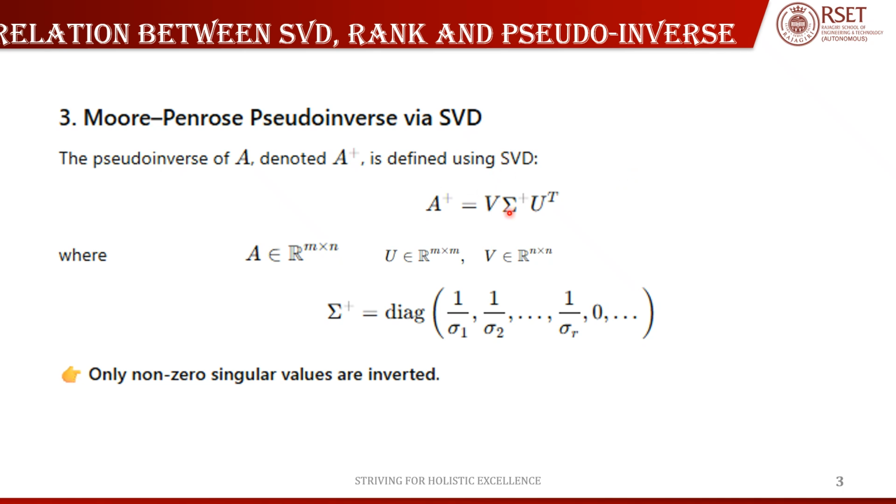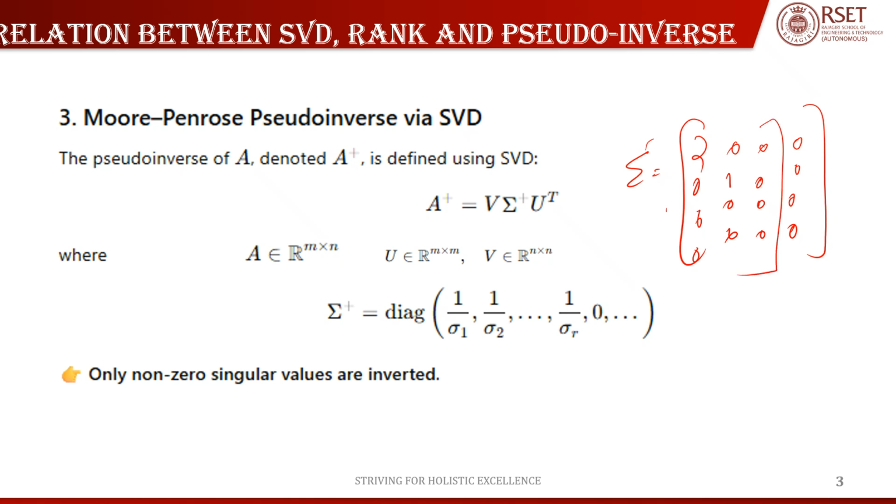Okay, so we have V and we have U, but we don't have sigma plus. We'll see how to find sigma plus. Suppose your sigma has diagonal entries 2, then 1, then 0, with the rest all zeros, so now we have a 4 by 3 matrix.